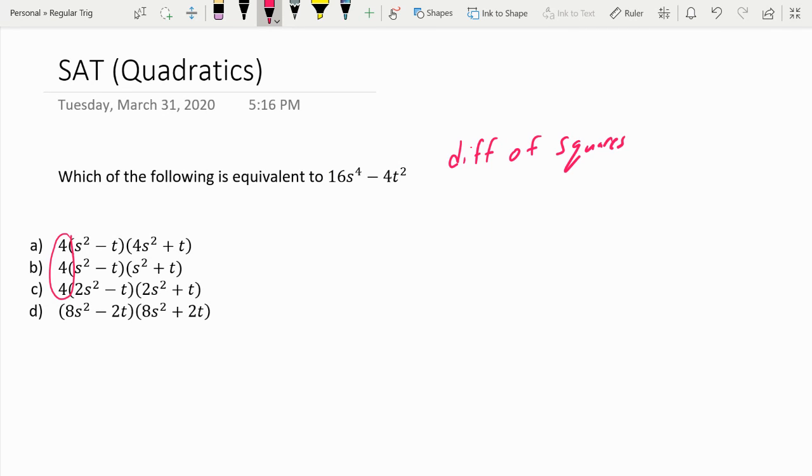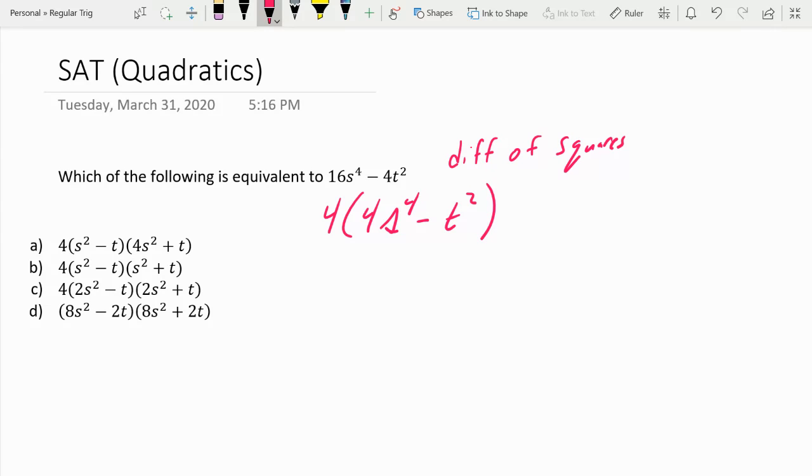What's our GCF? I can divide both of these by 4, so I'm left with 4s to the fourth minus t squared.